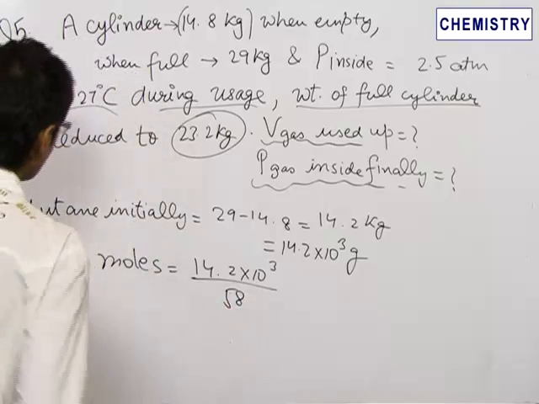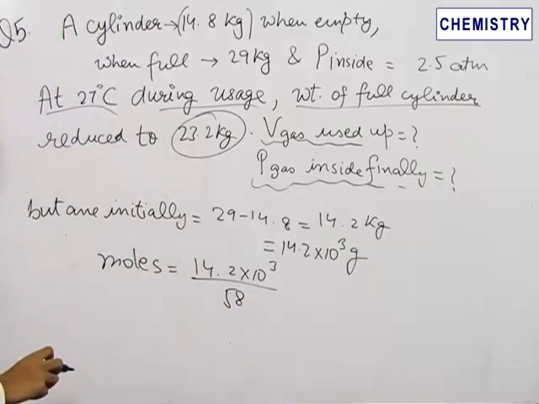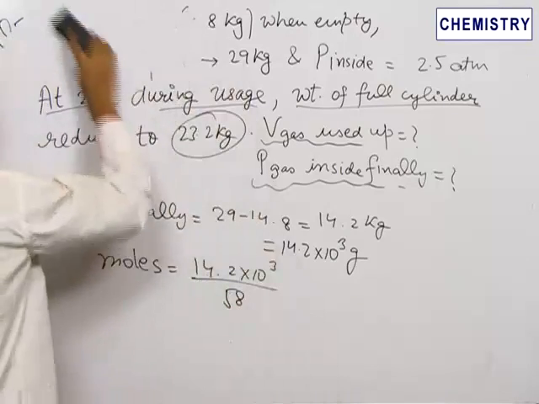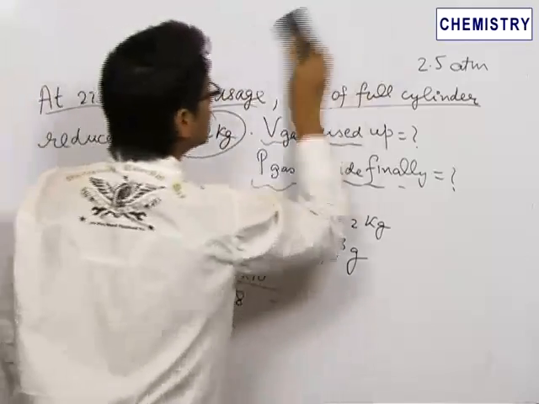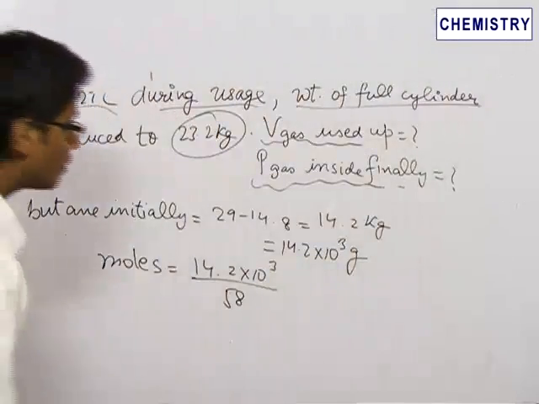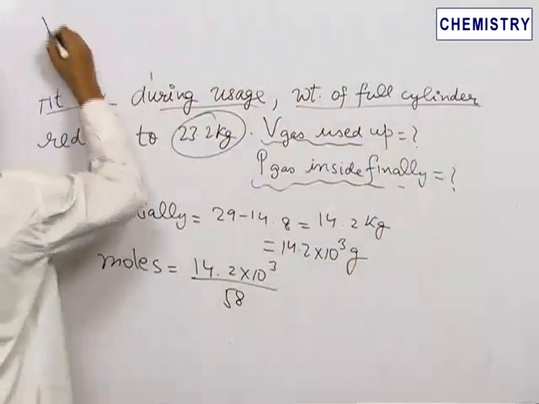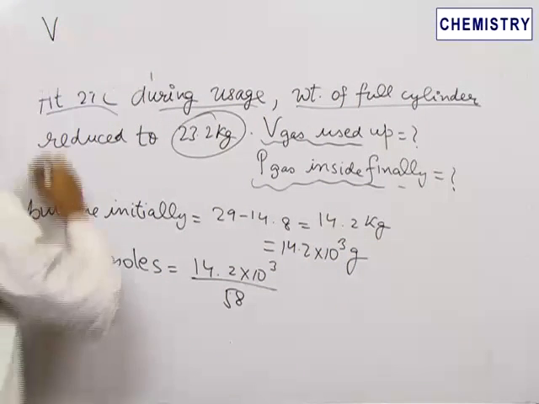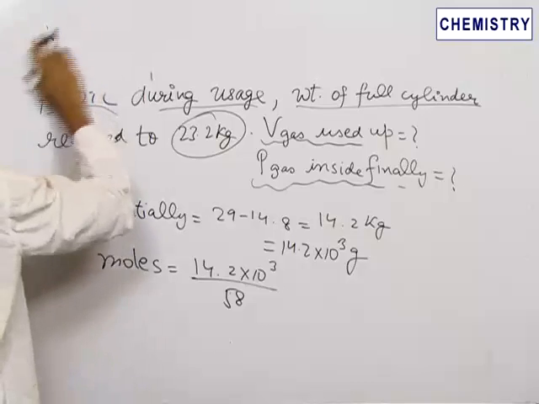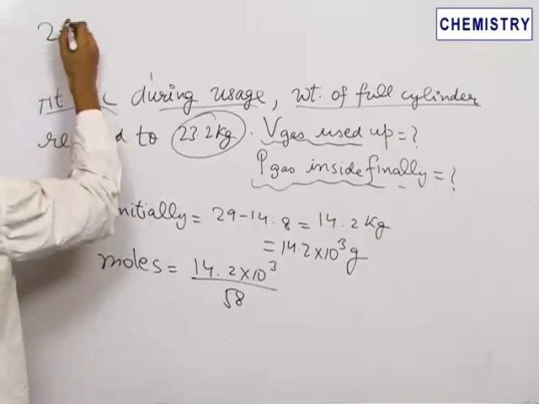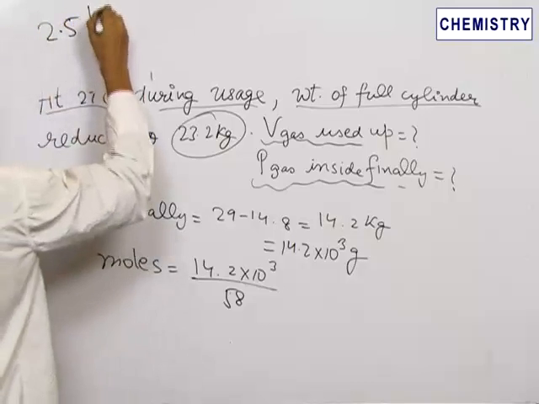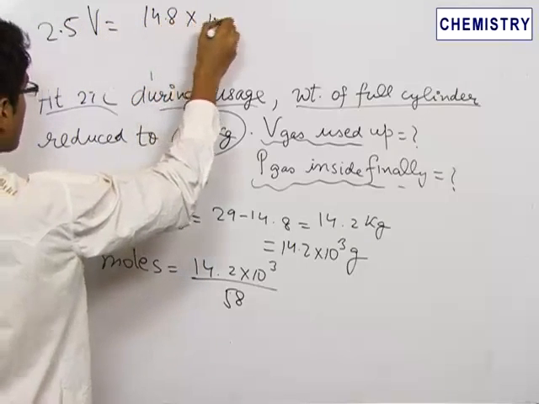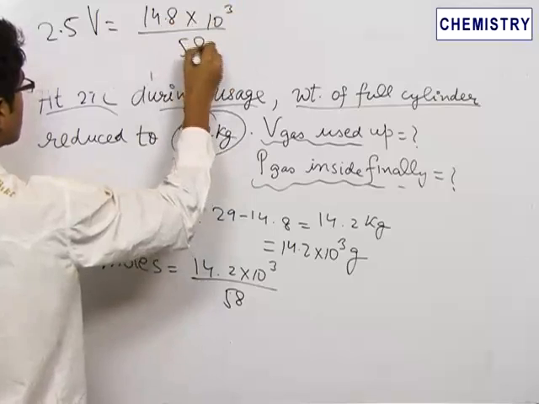Now we will try to find out the volume of cylinder or the volume of butane present initially. Since initially the whole of cylinder was full with butane, so volume of butane is equal to volume of cylinder. We can find out this by the PV equals nRT equation. We have pressure equals 2.5 initially into volume is equal to n, which is equal to 14.2 into 10 power 3 upon 58.